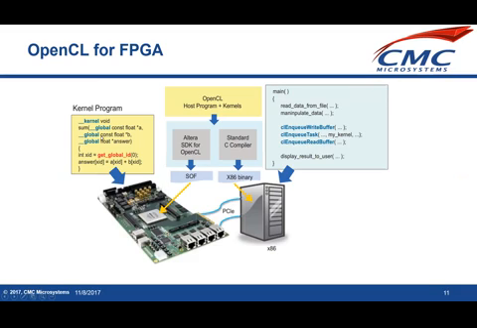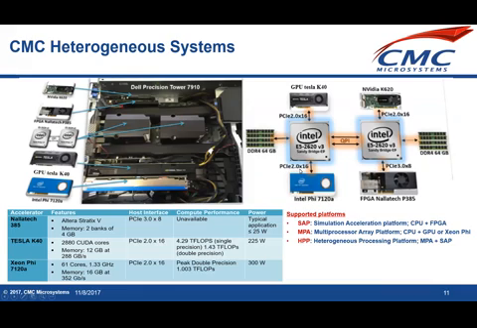On the accelerator side, you need to write your kernel in the OpenCL kernel language. This is an example of an addition of two vectors. You use the offline compiler, whether Altera or Xilinx, to translate your code in advance. This is why they call it an offline compiler, because you need to translate your code to hardware. Then this hardware will be deployed by your host code. So this is basically the OpenCL programming model for FPGA.